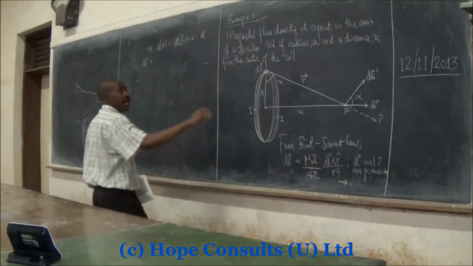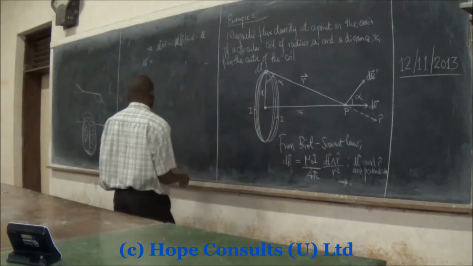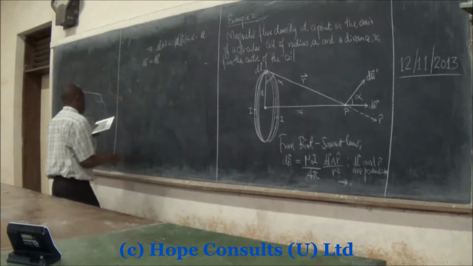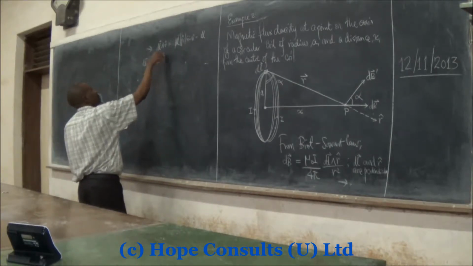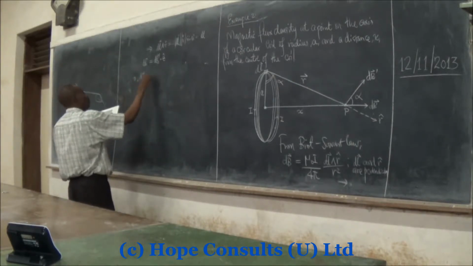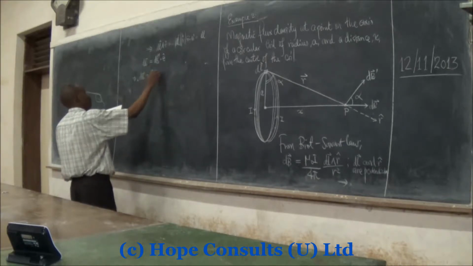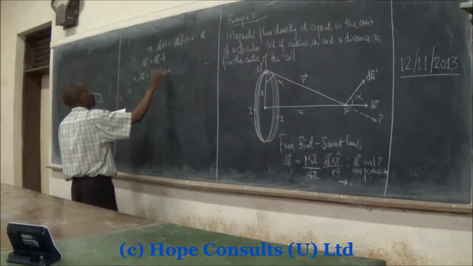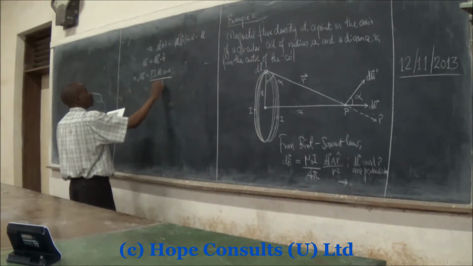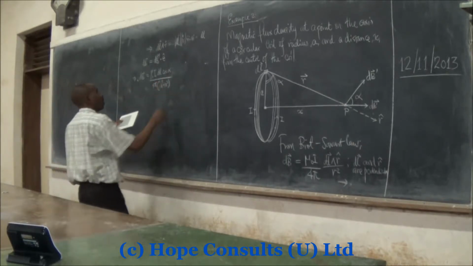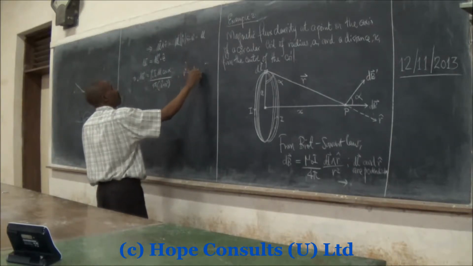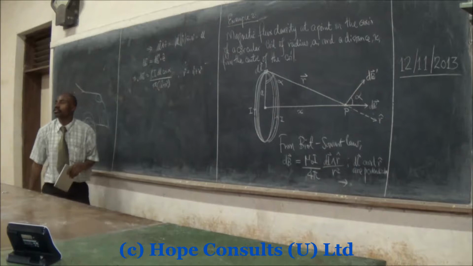So let's take the axis to be Z. So dB would be equal to dB prime dot Z, implying that our dB would be equal to mu naught I dL cos alpha divided by 4 pi (a squared plus x squared). Of course, where r squared was replaced with a squared plus x squared from Pythagoras theorem.